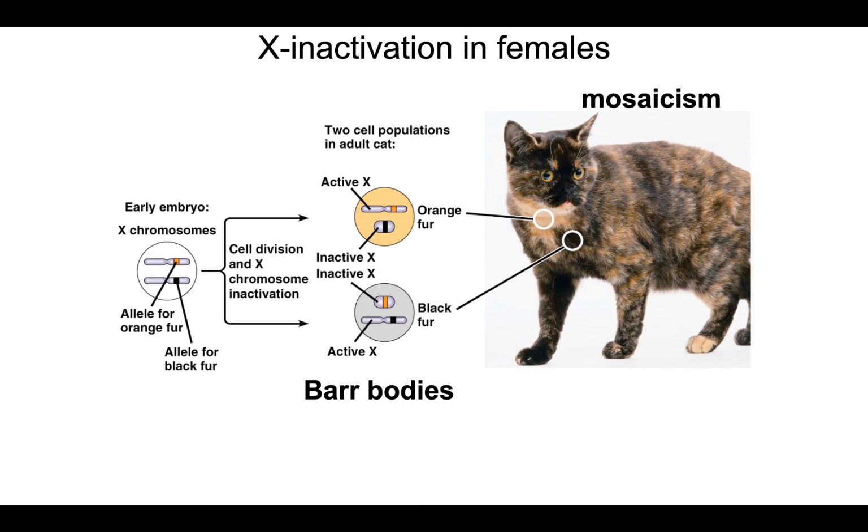Its chromatin is packaged so tightly that within a light microscope, you can see that X chromosome as what's called a bar body. So the bar body is the inactivated X chromosome.